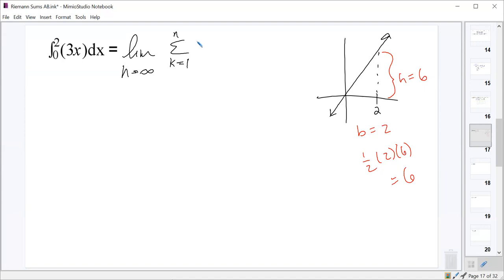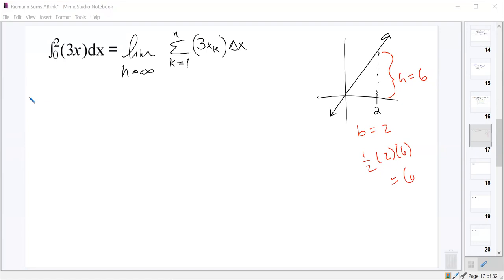And so f of x sub k ought to just be 3 x sub k, and then times delta x. Everybody good with that so far? That's just straight up converting into that notation that we were given at the beginning. All right. Cool.